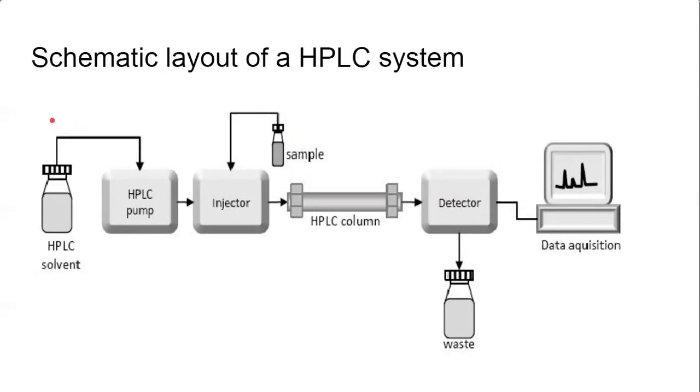Next one is gas chromatography. Again, there are two types depending on the physical state of the stationary phase. If the stationary phase is solid, that is known as gas solid chromatography. But frequently we use gas liquid chromatography, also known as GLC. Next one is HPLC, high performance liquid chromatography.